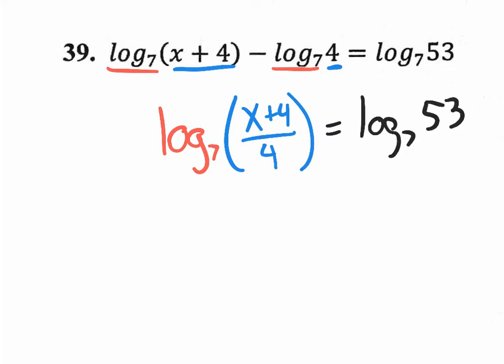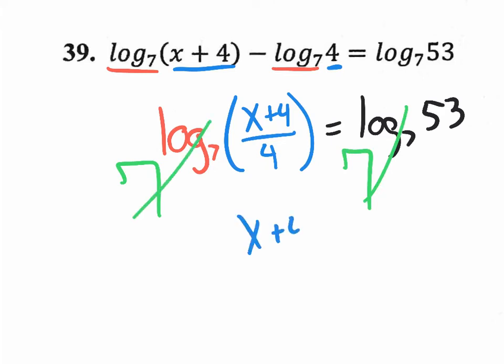And of course, we have log base 7 on both sides, which means we could raise both sides to become powers of base 7, eliminating those logs, giving us a simple equation, x plus 4 over 4 equals 53. Let's solve this by getting rid of the fraction, by multiplying by that denominator. What I do to one side, I do to the other.